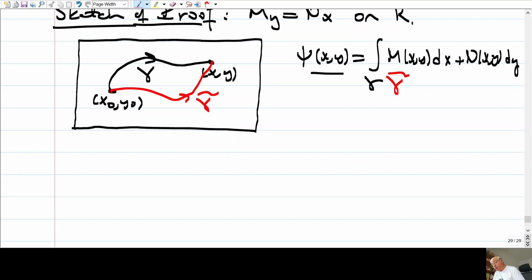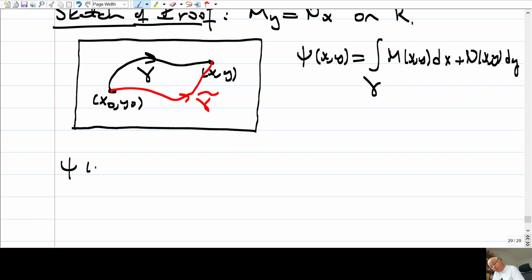So which one should we take? The important thing is the following. By the assumption m sub y is equal to n sub x, and therefore this integral is path independent.